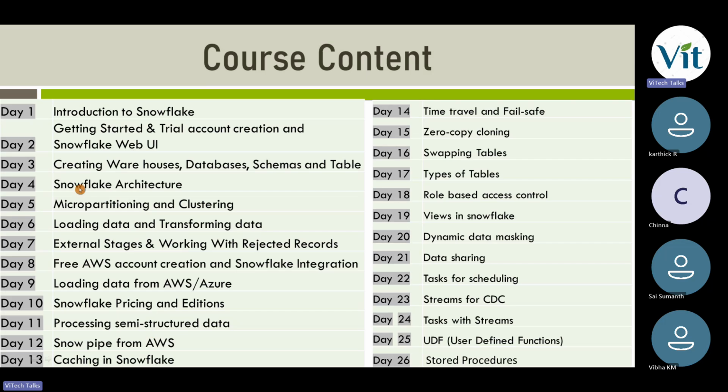So this is the course content. Here, introduction of Snowflake and how to create a trial account, what components it has in the Snowflake web UI, and what is warehouse, what is database, what are schemas and tables, and Snowflake architecture, what is micro partition and what is clustering, how to load the data, how to create external stages, how to create an AWS account and how to integrate AWS with Snowflake, loading the data from AWS or Azure, and the pricing concepts, how to process semi-structured data, how to create a pipe, what is caching, what is time travel, what is zero copy cloning, what is swapping, what are the different types of tables, what are views, dynamic data masking, data sharing.